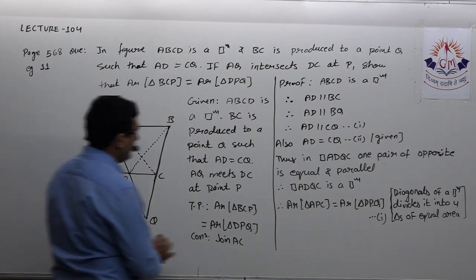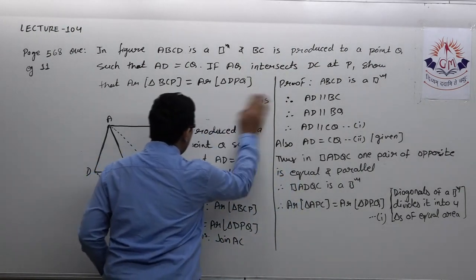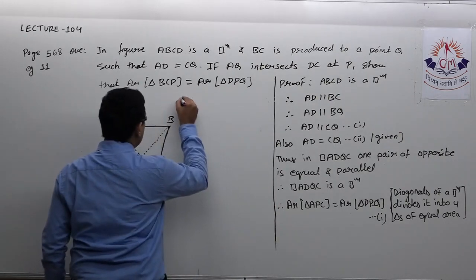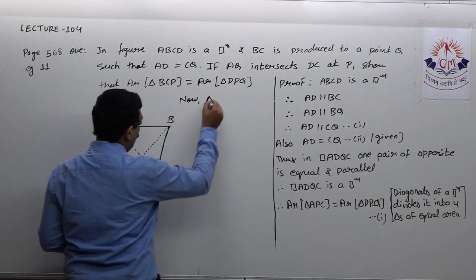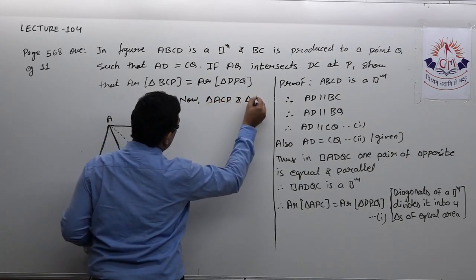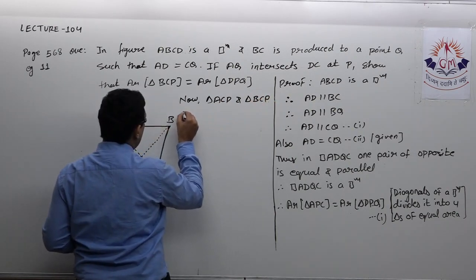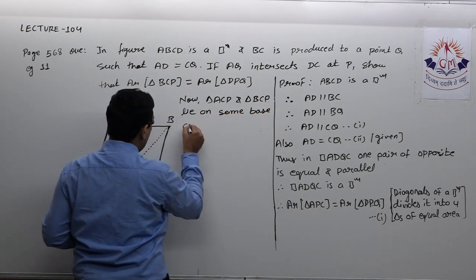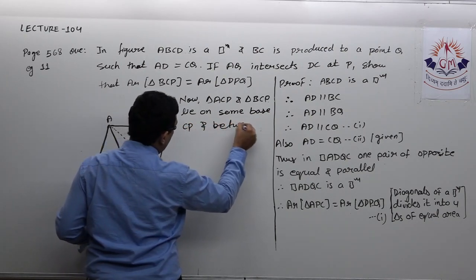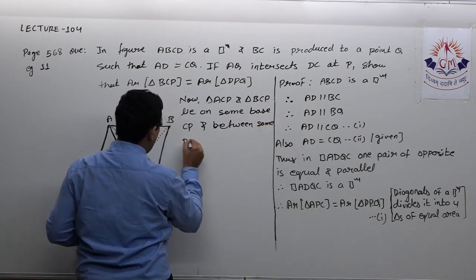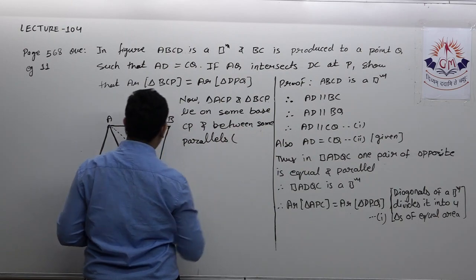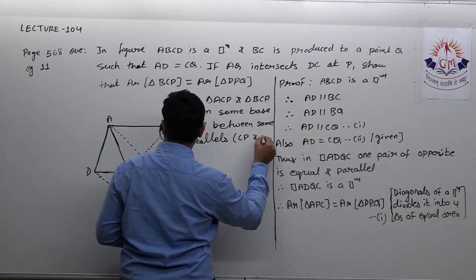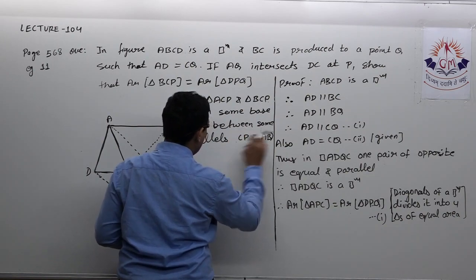Now let us see the further solution. Triangle ACP and triangle BCP lie on the same base CP and between the same parallels CP and AB.